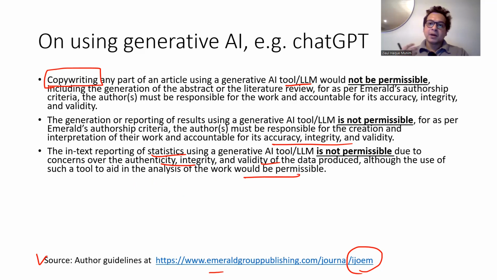Nowadays, there are some tools dedicated to analysis of data, which are based on generative AI. For example, there is something called Julius AI, which is a very cool tool, mainly dedicated to data analysis using AI. So you might use that and you might actually be able to report analysis from that.